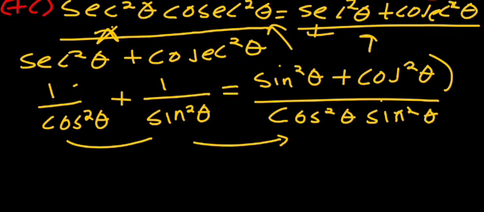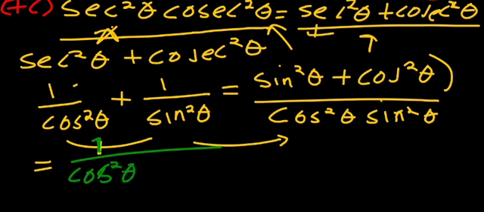So sine squared theta plus cos squared theta is equal to 1, and this is equal to 1 over cos squared theta times sine squared theta. So now, let us separate them.